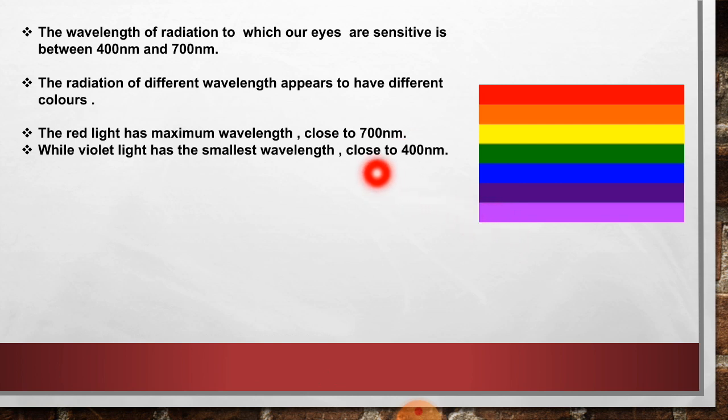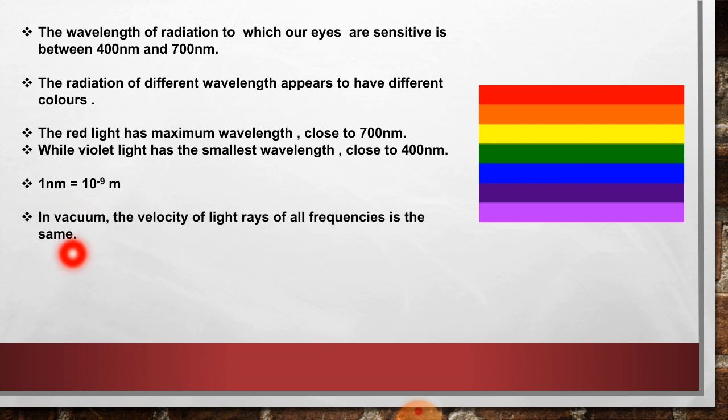Many times this will be asked in your exam, so do remember this. Red light has maximum wavelength and violet light has the smallest wavelength. What is 1 nanometer equal to? 1 nanometer is equal to 10 raised to minus 9 meter.